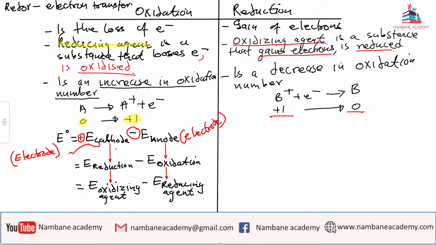And at cathode, reduction takes place, and the substance that is gaining electrons, we call an oxidizing agent. There is a negative next to the anode.